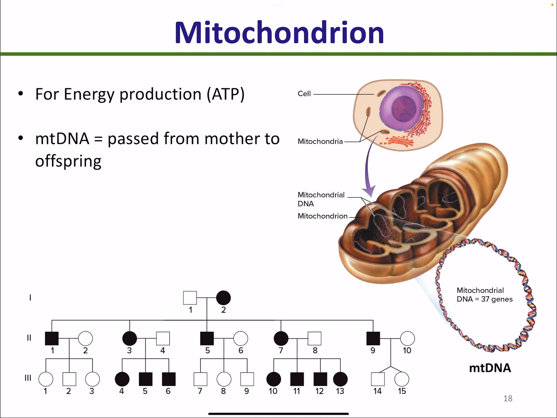So for instance, in this particular pedigree, when we look at the offspring, dad's mitochondria obviously come from his mom, right? Mom here is going to have mitochondria with a particular feature that we are going to follow.